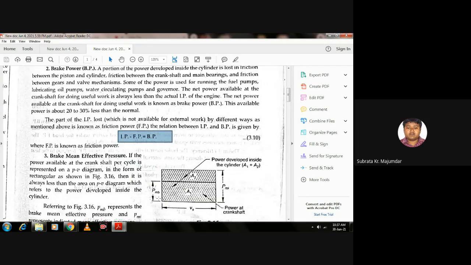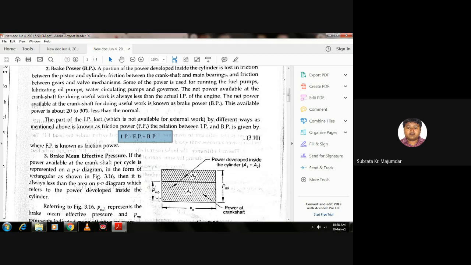Now the third term is the brake mean effective pressure. Just before, I stated the mean effective pressure.